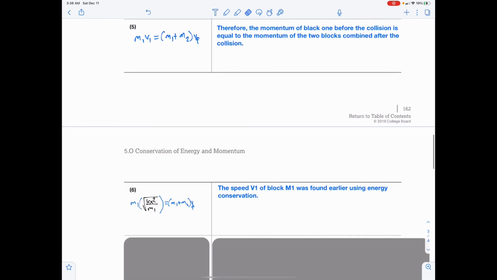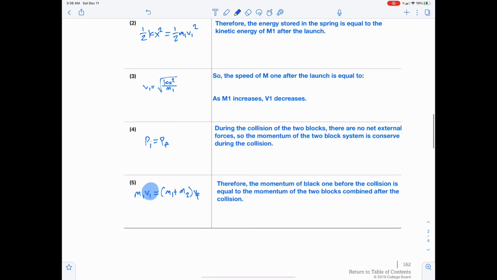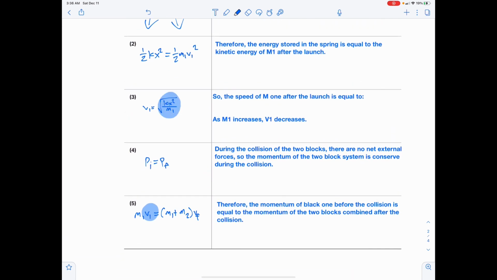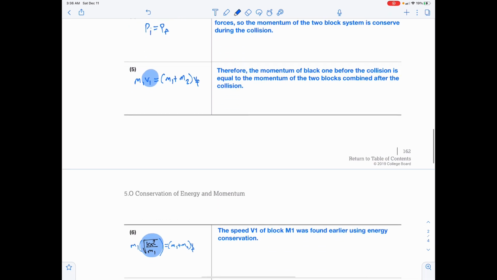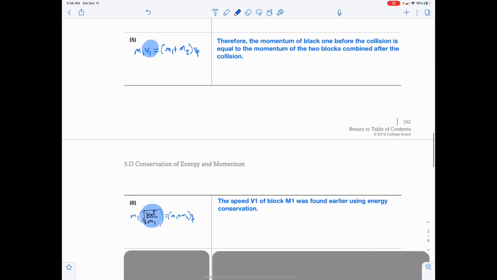Now we're going to do a little substitution here. We're going to substitute the V1 that we got from the previous problem, the speed of cart 1 after the conservation of energy problem, for V1 in the momentum equation.